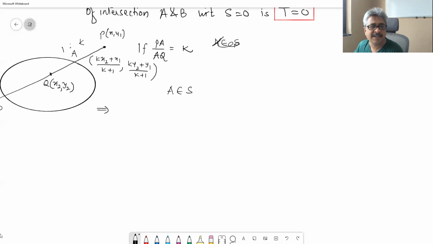A belongs to S implies that A will satisfy the equation of S equal to 0.